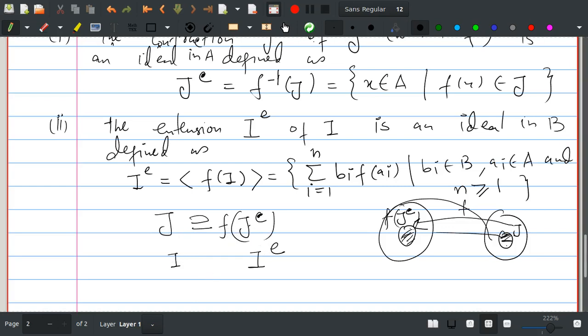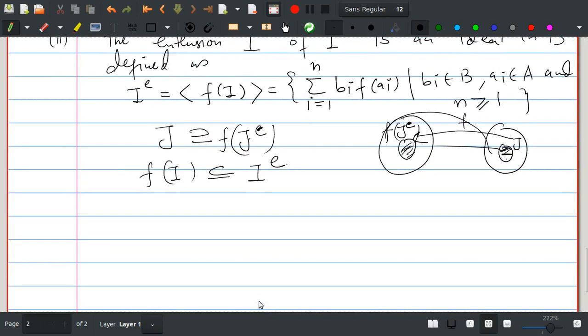And if we look at I and I extended, and the image of I and its extension, then this image is always contained in the extension of this ideal. Note that we have equality here if f is a surjection, and similarly we have equality here if f is a surjection.